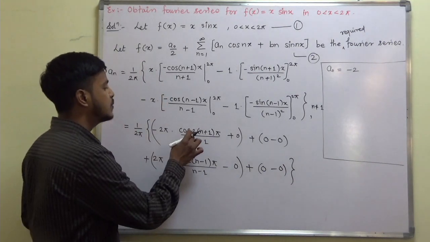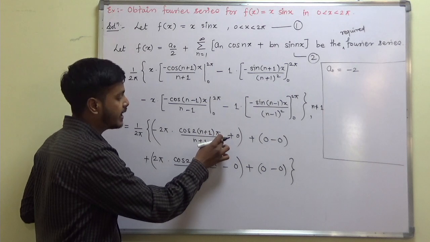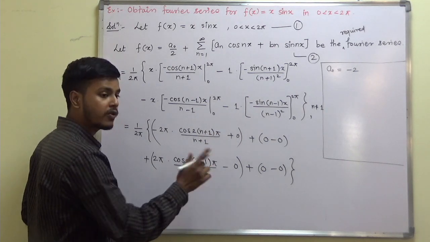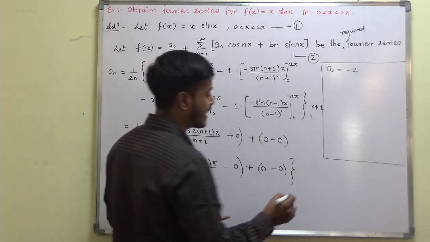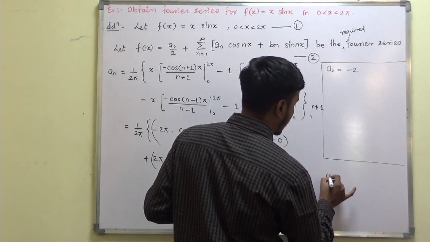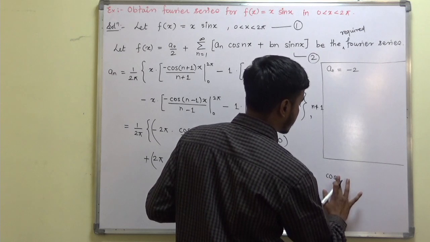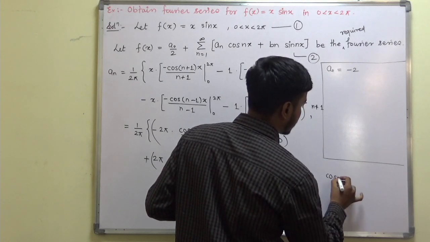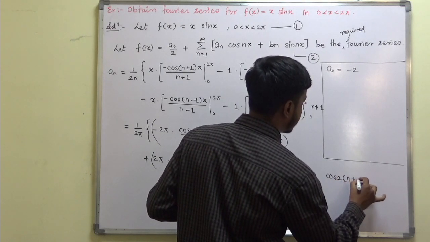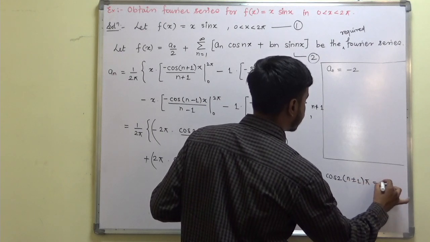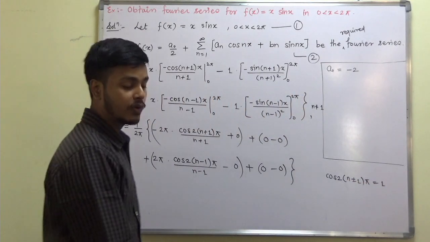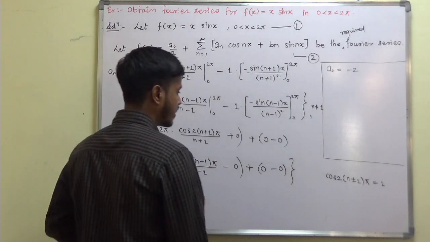So cos 2(n plus 1) of pi and cos 2(n minus 1) of pi is 1. If you want, I can write it here. Cos 2(n plus or minus 1) of pi is always 1, and cos 2n pi is also 1.